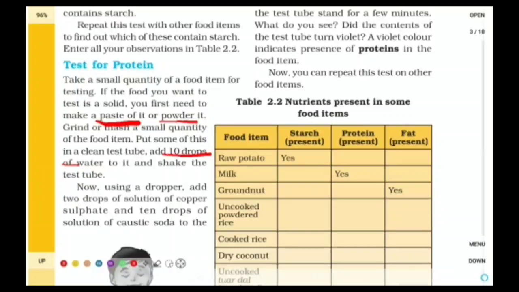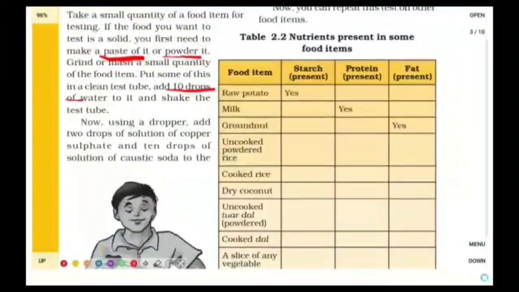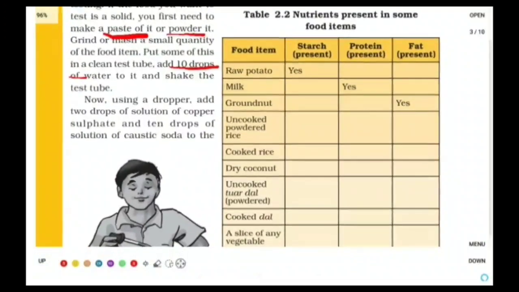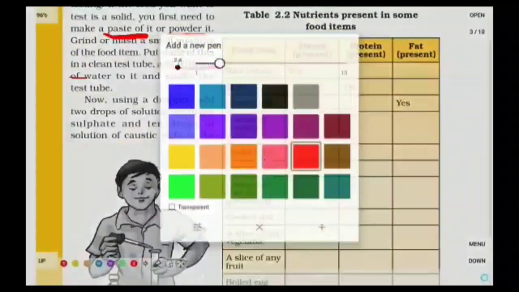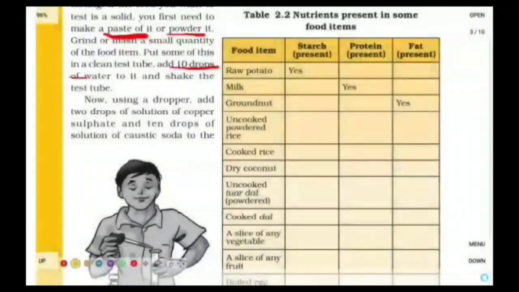Now, take a test tube, put 10 drops of water in it, add the food item into it. Now shake it well. After you shake it well, drop 2 drops of copper sulfate solution into the test tube and 10 drops of caustic soda into the test tube.